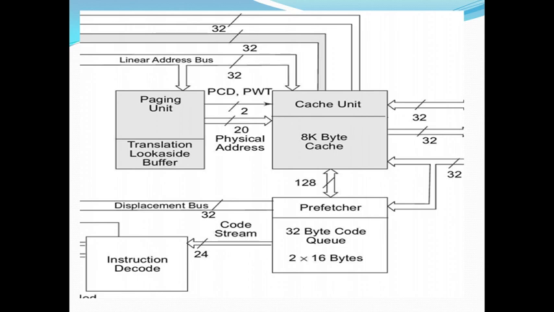The 80486 microprocessor incorporates a 5-stage pipeline that significantly speeds up the instruction decode and execution. The stages are instruction prefetch, that is instruction queue, stage 1 decode, stage 2 decode, execution, and the last one is register write back. So this is how the 5-stage pipelining has been achieved by the 80486.